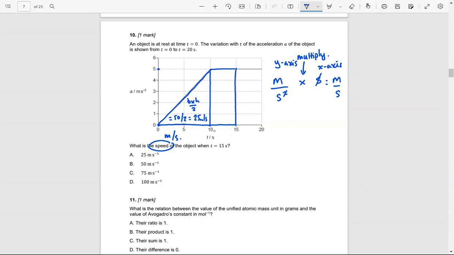And then for this rectangle, I've got 5 times (15 minus 10). So this bit's 5 and this bit's 5. 5 by 5 is 25, again meters per second. So the total speed is 25 plus 25, 50.